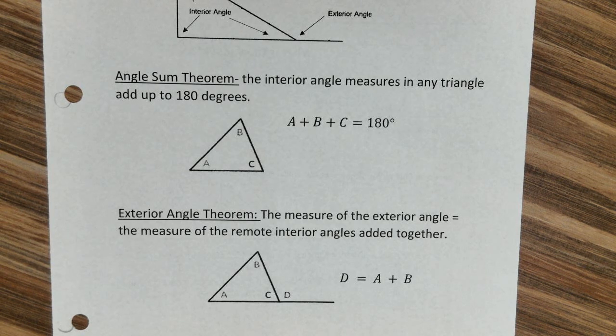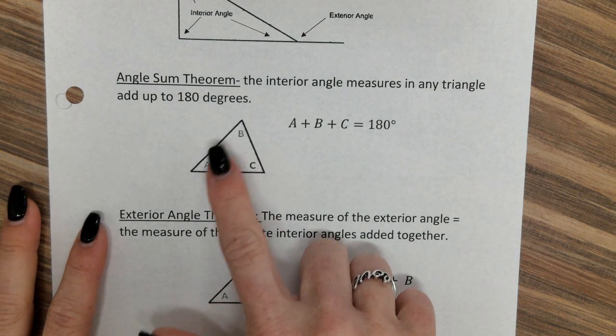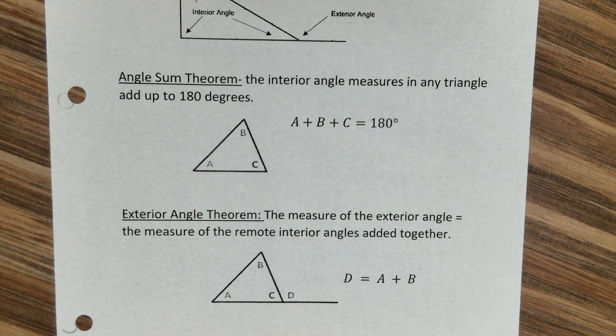So what it's saying is all 3 inside angles to any triangle, right triangles, equilateral, isosceles, are always going to add up to 180 degrees. It is proven to be true. So what is the angle sum theorem? All 3 angles add up to 180. All interior angles. Everybody good?